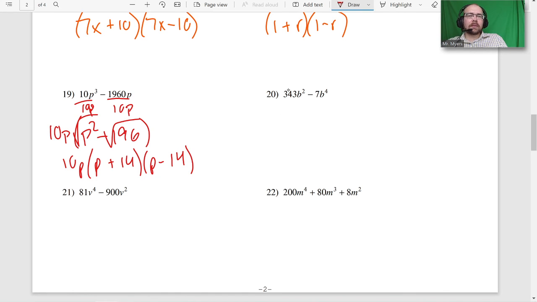All right, on to the next one. We have 343, which I know divides by 7, but if you didn't know, you could just try to divide it by numbers until you get to 7. It's not going to divide by 2, 4, or 6 because it's not even. It's not going to divide by any even number if the number's not even.